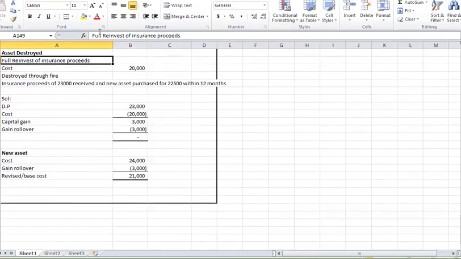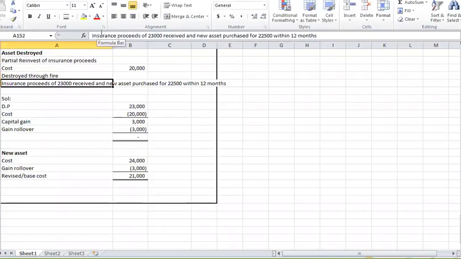This is not full reinvestment. We have received 23,000 pounds from the insurance company, and we have purchased the new asset for 22,500 pounds. So it means we have kept 500 pounds in our pocket.